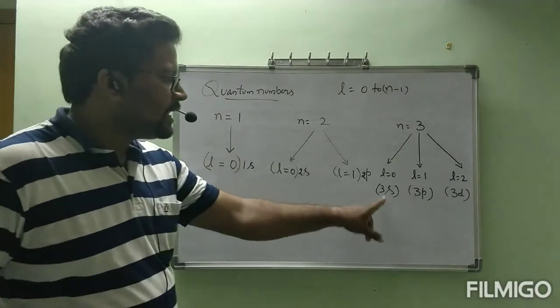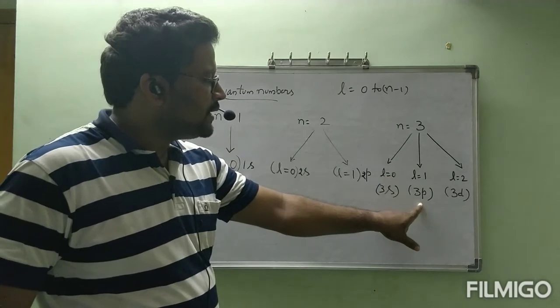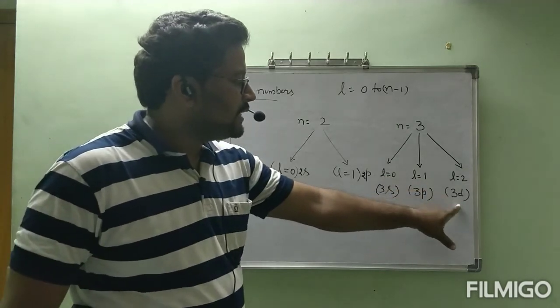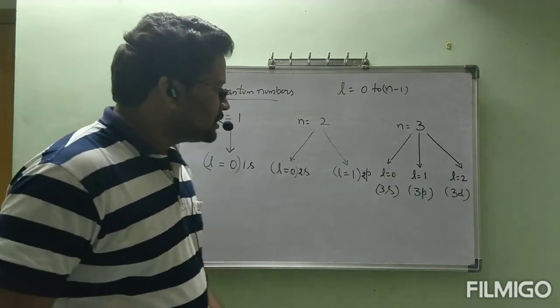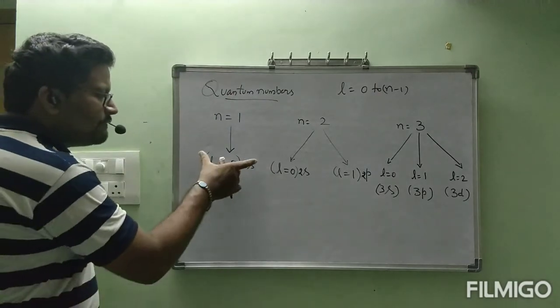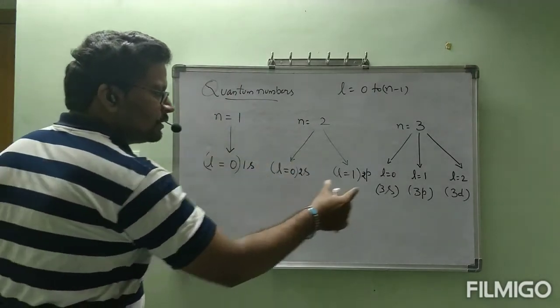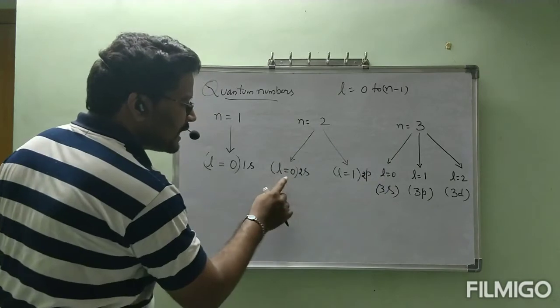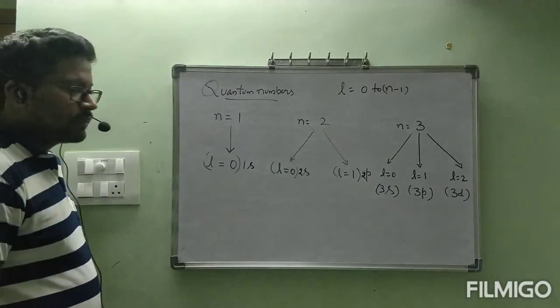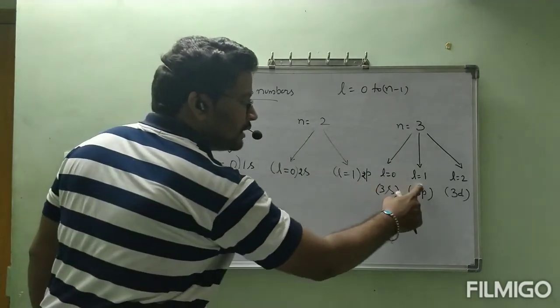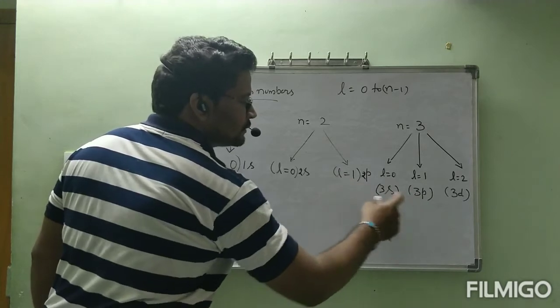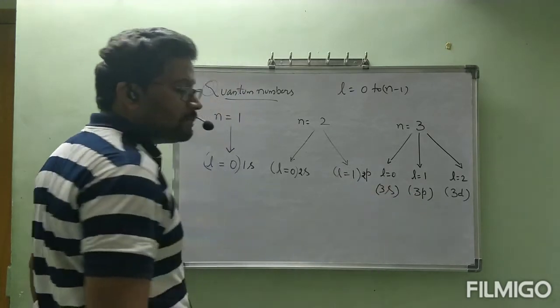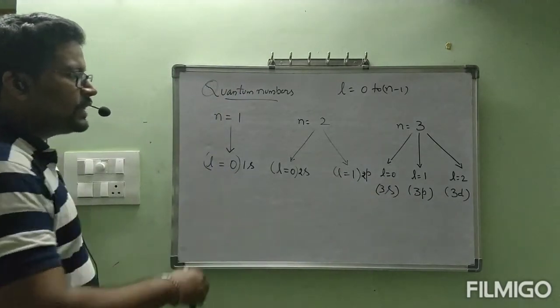For 3S, L value 0. For 3P, L value 1. For 3D, L value 2. So if you observe, every S, L value is equal to 0. Every P, L is equal to 1. Now you will get clarity.